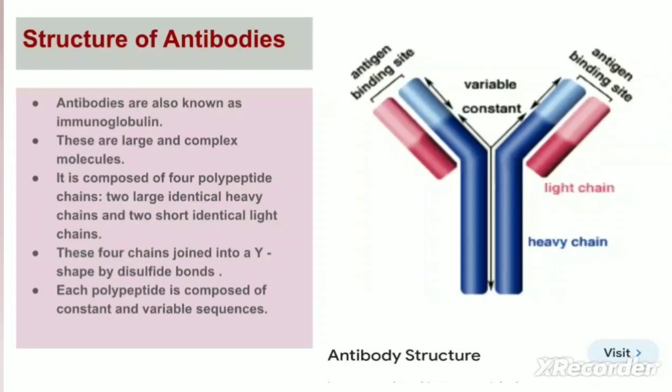The variable sequences are located at the distal ends of Y arms. Different types of amino acid sequence on variable region provide specificity to the antibodies.